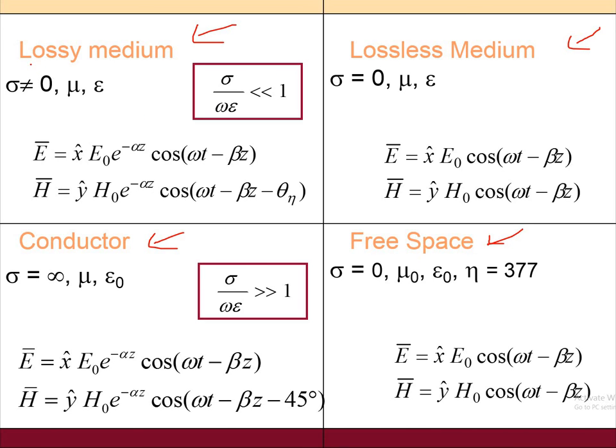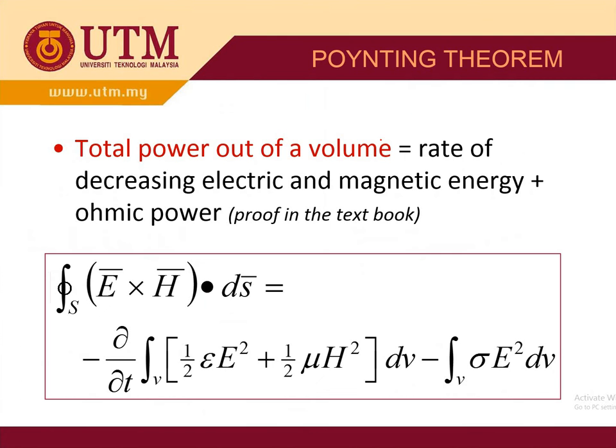Okay, this lossy medium is treated as the fundamental case, because we will further develop our values for sigma, alpha, beta, and so on from the case of lossy medium. So make sure you understand the lossy medium properly first. Then you will move forward to learn the other three types of medium. Okay.